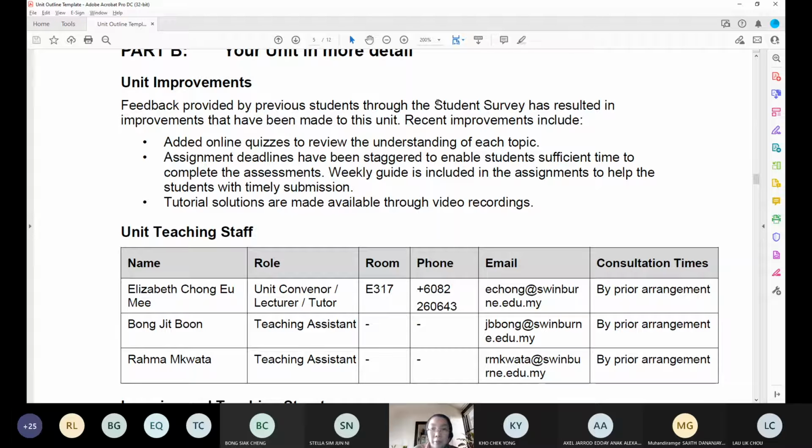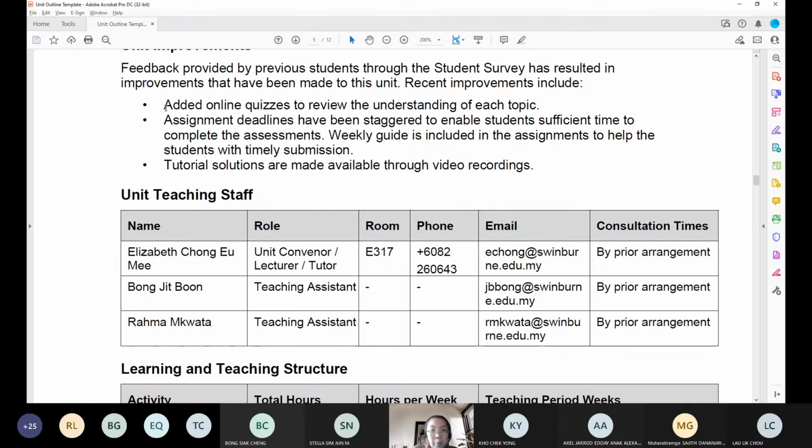We do read them, and we improve based on your comments. For this unit, we have added online quizzes to review the understanding of each topic, because previously students said 1 or 2 tests were too much. They would rather break it into different parts over the semester.